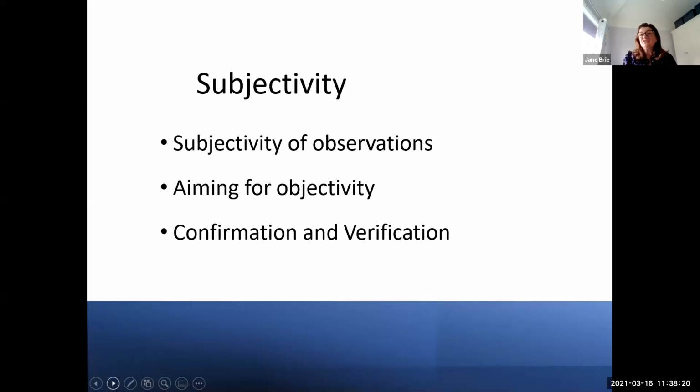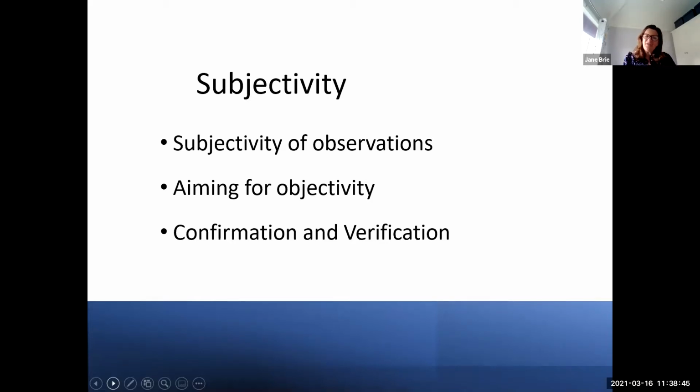And again, in research as well, whenever we do research, we know we bring things. Myself as a teacher, you bring experiences, you bring things you value. Everybody has their own beliefs and values, so it's just being aware of that and being open to that, and being aware of the subjectivity of observations, aiming for objectivity.